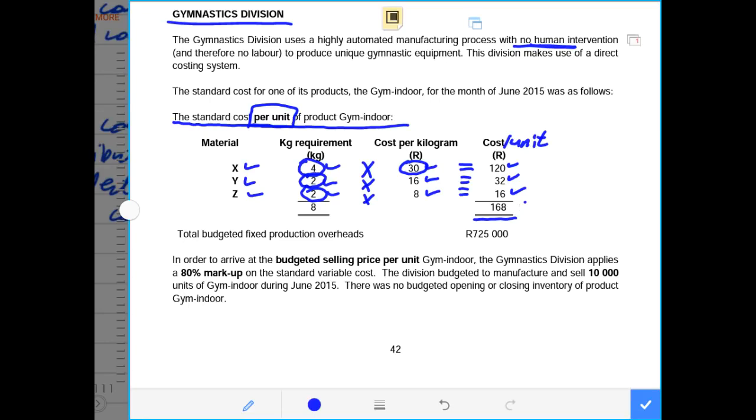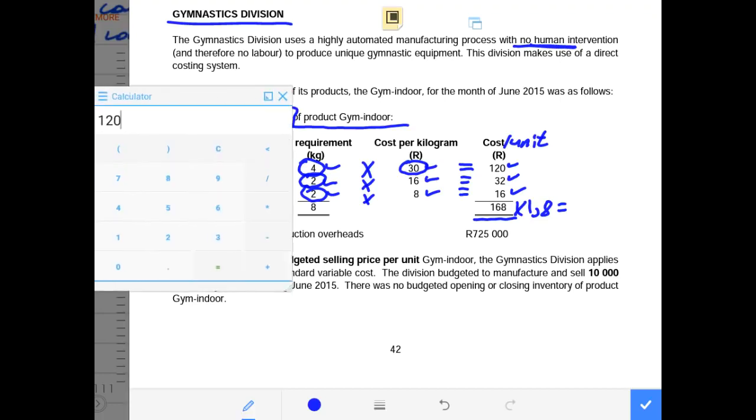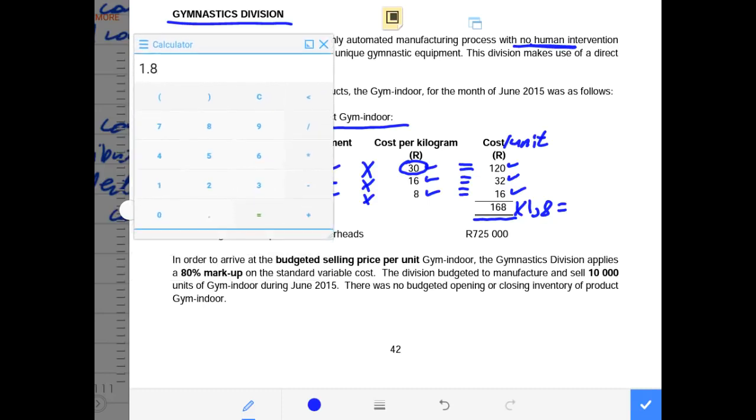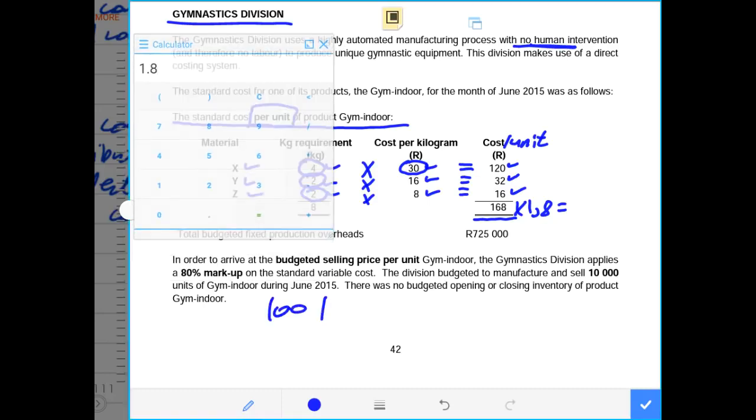So the budgeted selling price will be that times by 1.8. Remember, 1.8 is 180%, 180 divided by 100. Because if the company is adding 80%, therefore now it will be 100 plus 80%, which gives us 180%. And 180% is 180 divided by 100, which gives you 1.8.